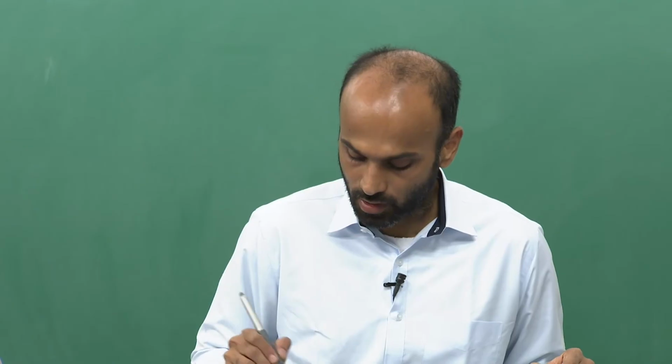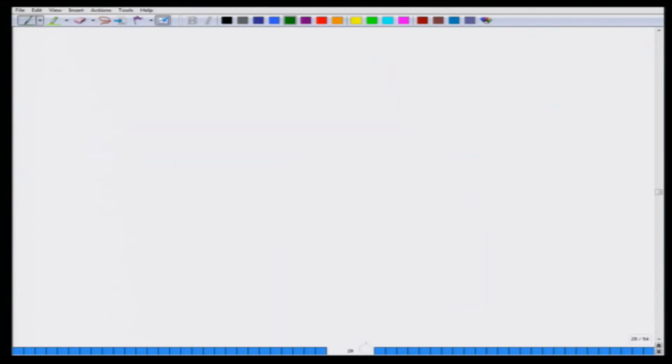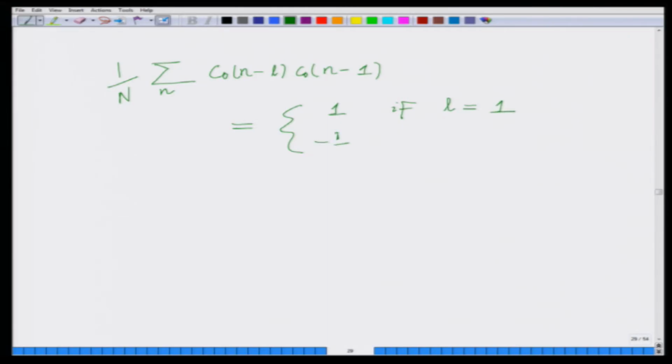So the inner autocorrelation, 1 over n summation over n C naught n minus L C naught n minus 1, is equal to 1 if the shift L is equal to 1, and equal to minus 1 over n, which is approximately equal to 0, if L is not equal to 1.